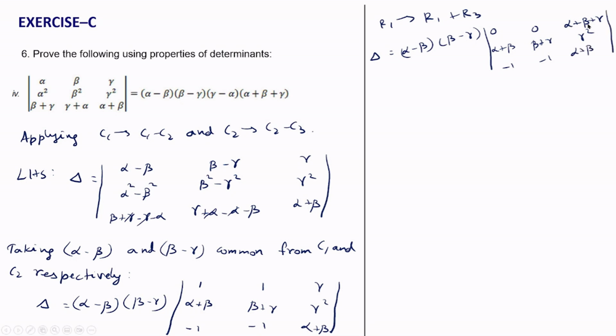Now here we can take alpha plus beta plus gamma common outside from R1.